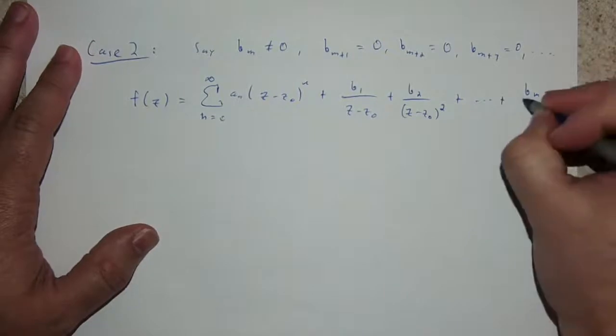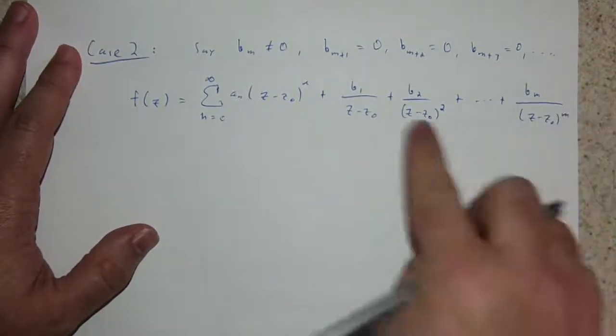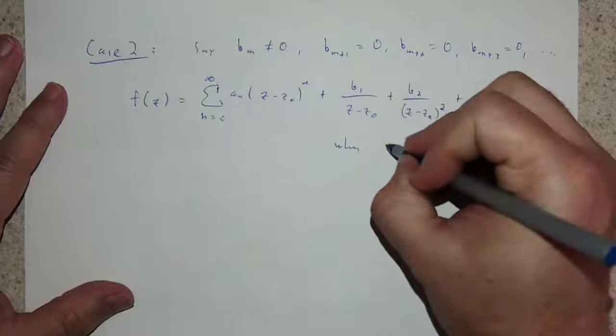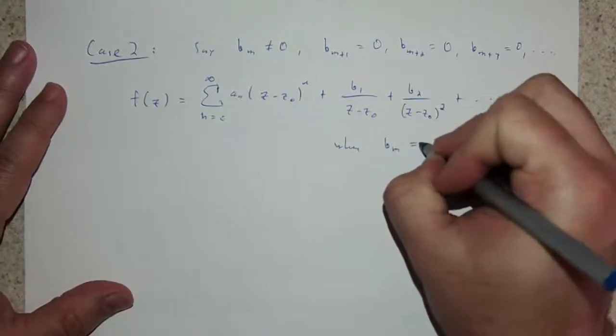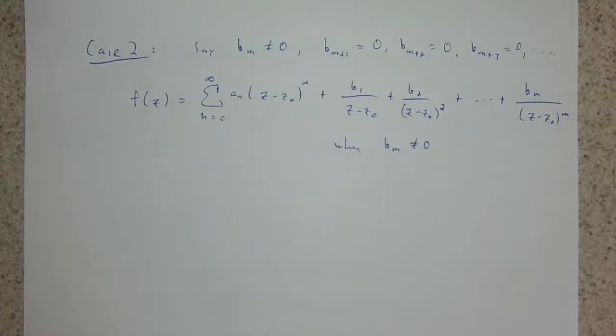Now, if you notice, I didn't actually say that any of these are not 0, right? They could be 0. Where b sub m is definitely non-zero. These others, maybe they're 0, maybe they're not, right?